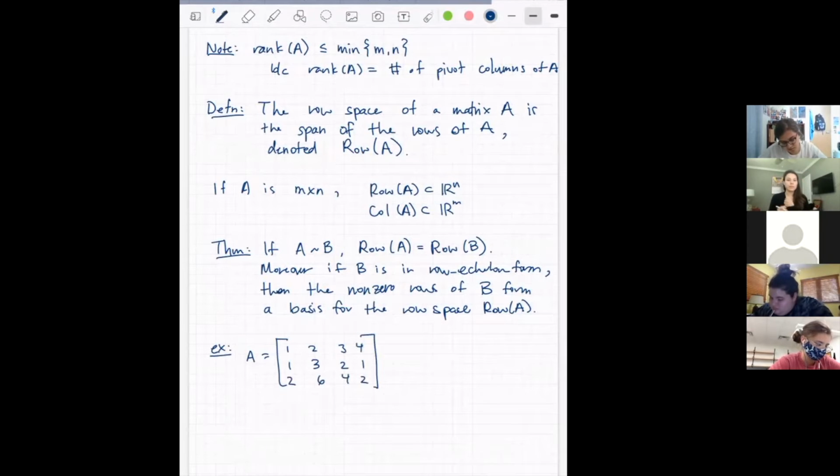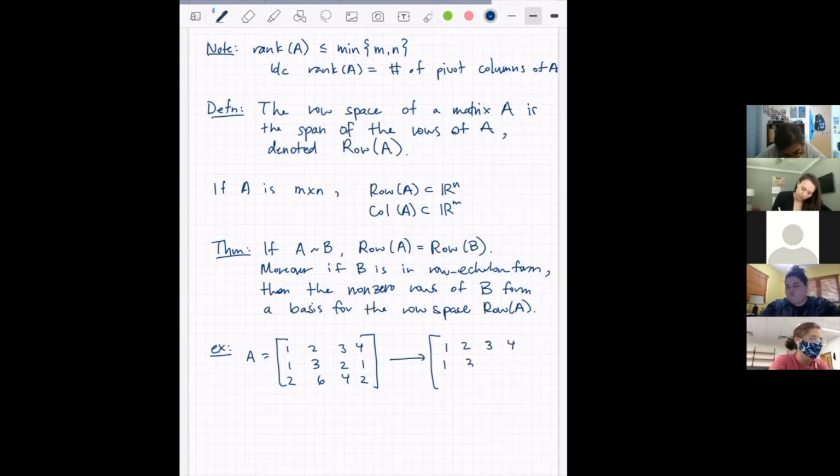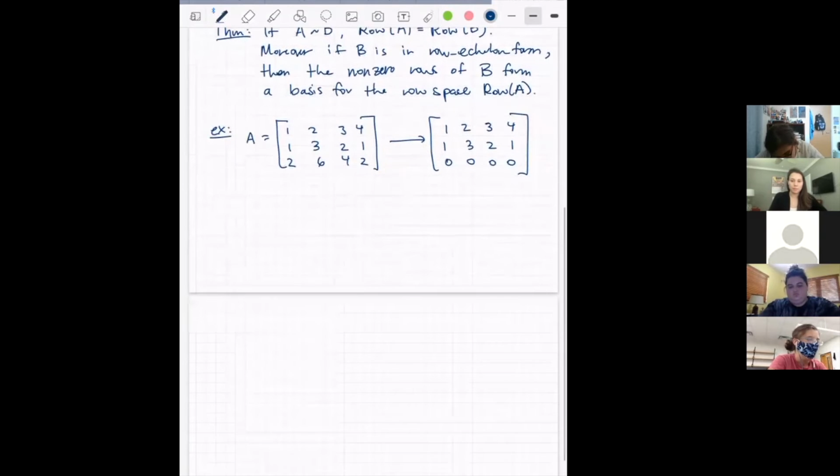And then we can notice that the bottom row is a constant multiple of the second row. So when we row reduce, that will actually just go away. So we get a row of zeros, right? And then to get this in row echelon form, we just need to take row 2 minus row 1. And that will give us 0, 1, minus 1, minus 3.